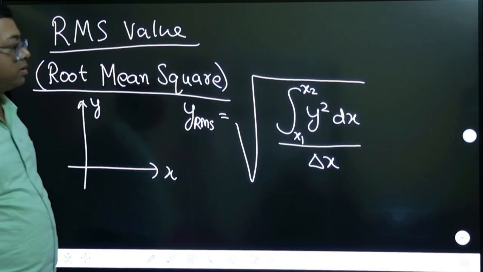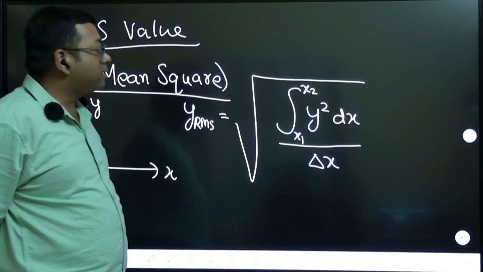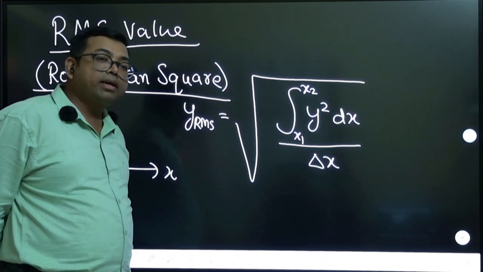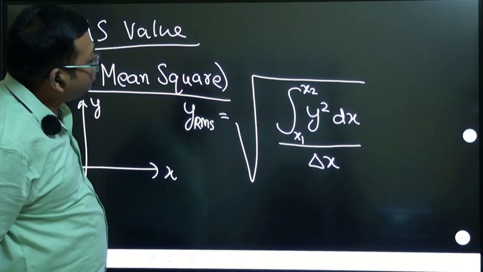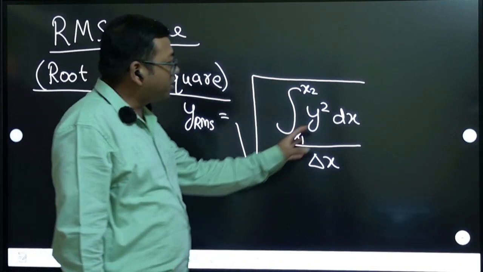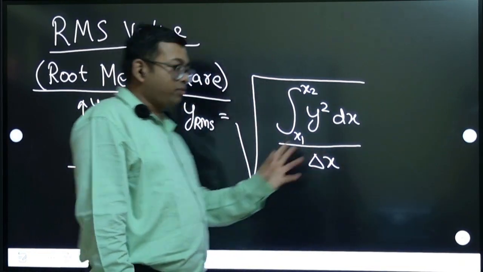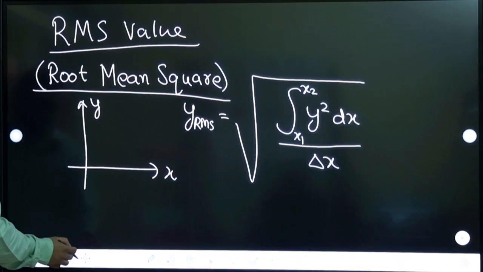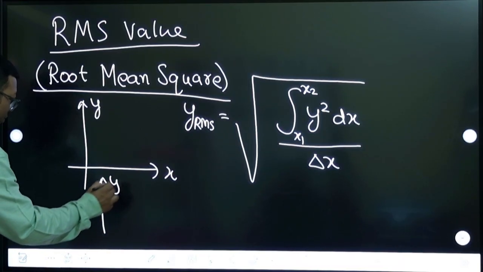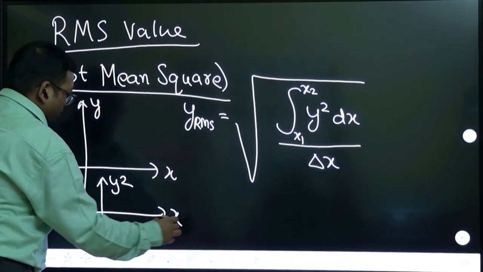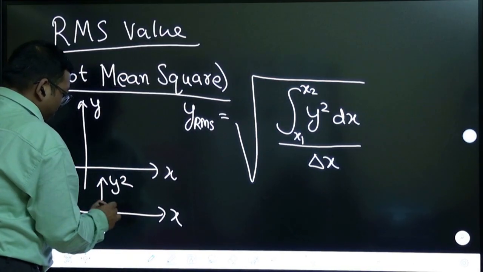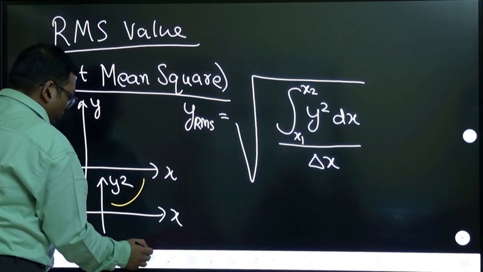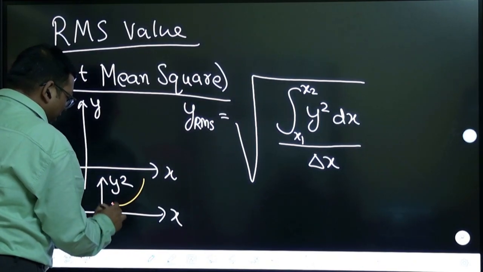But for NEET purpose, sometimes they will not make a difficult question. Sometimes they will give you the y square graph itself. If they give the y square graph itself, then this integration of y square dx is nothing but the area under the y square graph. Suppose I have a y square versus x graph and I have some area there, or I can calculate it by some way.